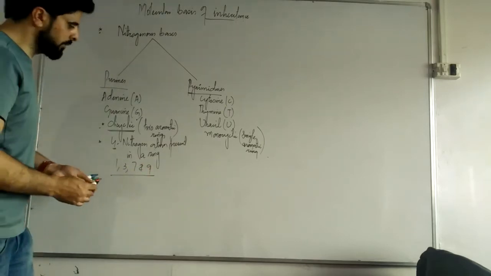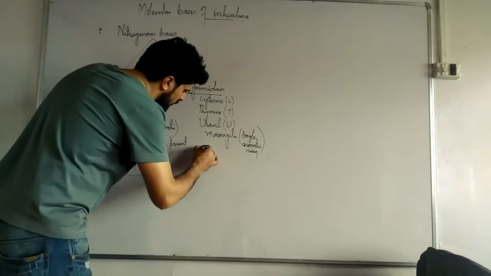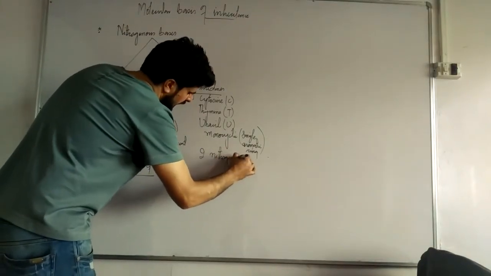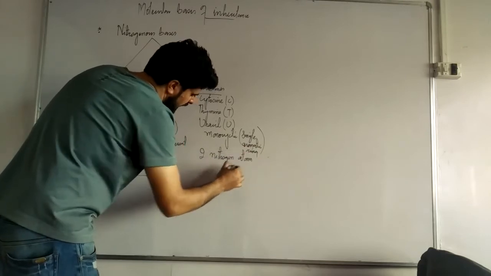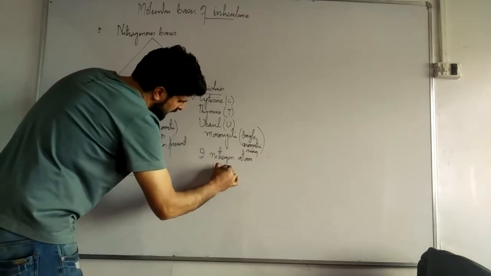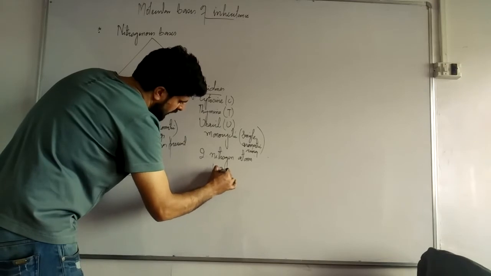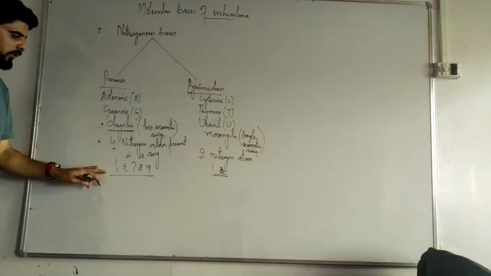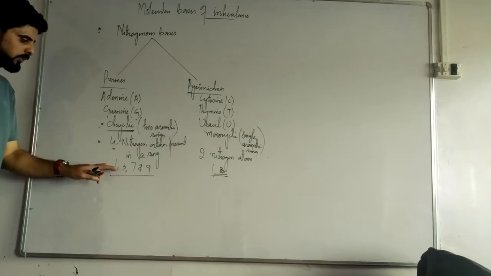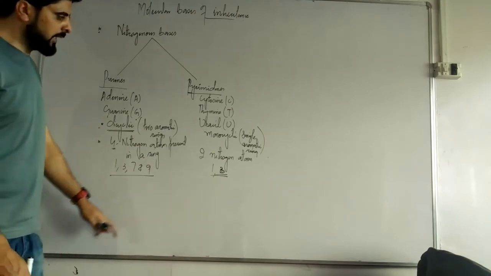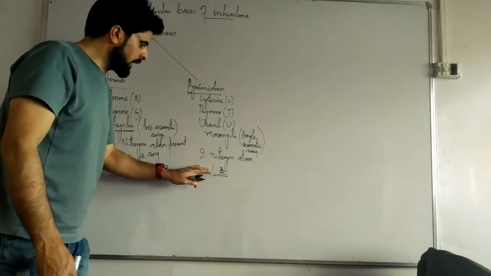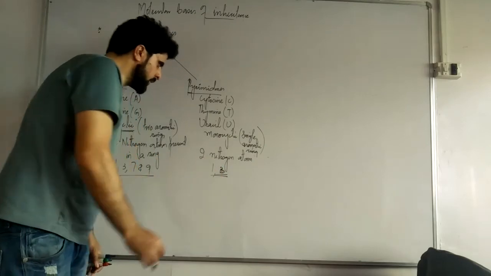In the case of pyrimidines, they have two nitrogen atoms present at positions 1 and 3. So purines have four nitrogen atoms located at positions 1, 3, 7 and 9, while pyrimidines have two nitrogen atoms located at positions 1 and 3.